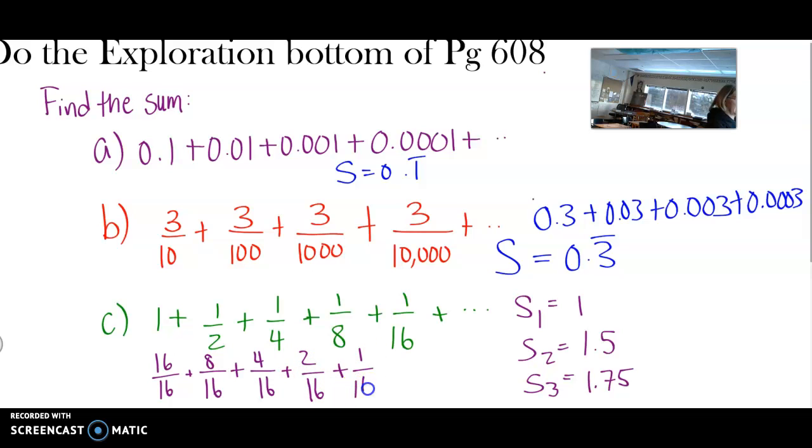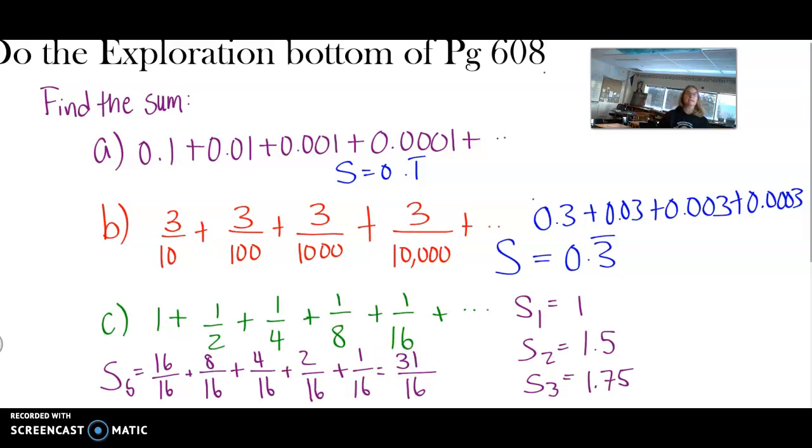Adding all of these together will give me S sub 5. My denominator will be 16, and the numerator is 16 plus 8, 24, 28, 29, 30, 31.